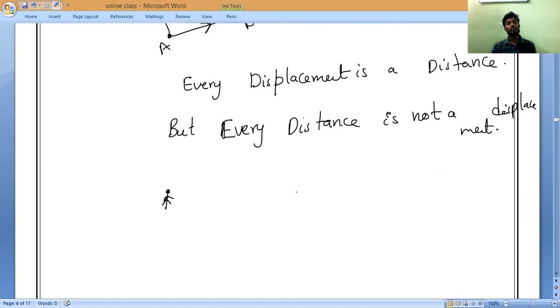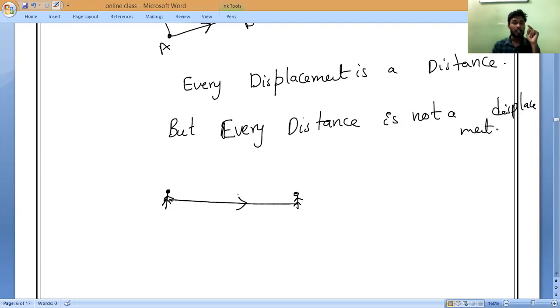If we take any two points, how many distances can be present? Many distances can be present, because we can go by any path. But how many displacements will be present? Only one. So between any two points, distance will differ, any path we can choose, but displacement is always only one.